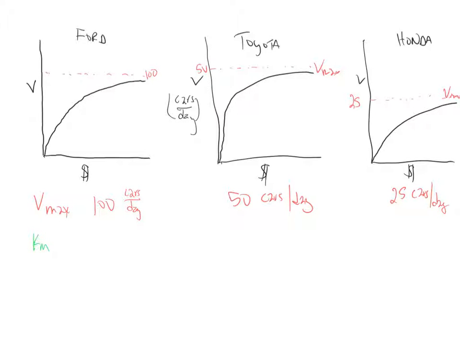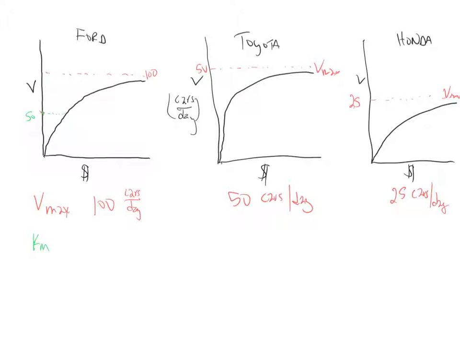All right. Now we're back. Oh, okay, so Km, that's the concentration of substrate. So remember, that'd be the concentration, or how many dollars it takes to get exactly 50% of Vmax. So on here, we would go to 50. We go up here, we go to the number 50, because that's 1/2 of 100.